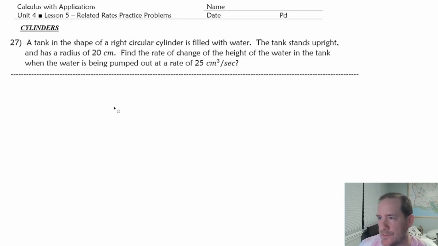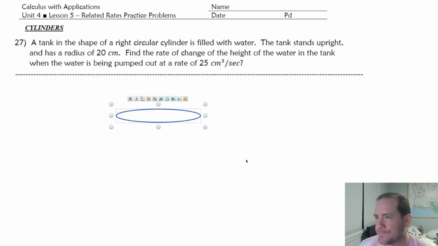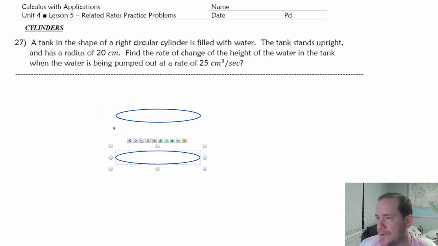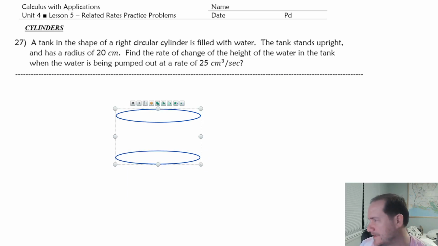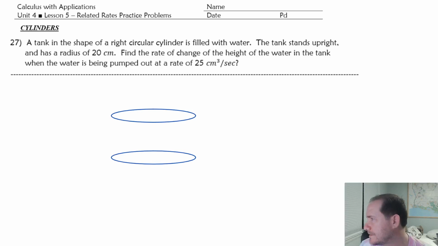You got to know that, oh, that shouldn't be blue. That should be anything but blue. Alright, to make a cylinder, you take a couple of these ellipses and you connect the dots like so. So let's call that the actual water.